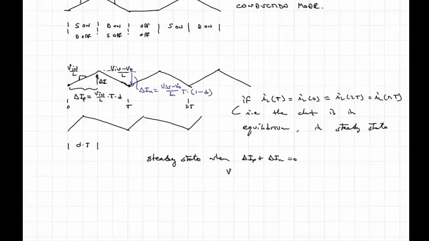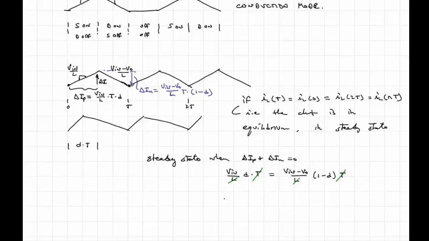So that means Vn over L times D times T is equal to Vn minus VO over L times 1 minus D times T. Now notice, this is very critical here, that the inductance and the period can be eliminated. In other words, we're going to find a relationship between the input and the output voltage and the duty cycle that doesn't depend on the value of the inductor and doesn't depend on the frequency.